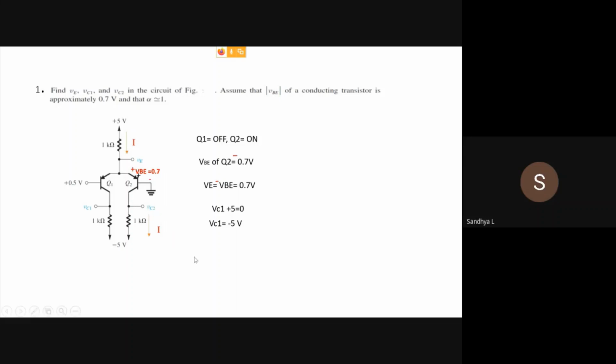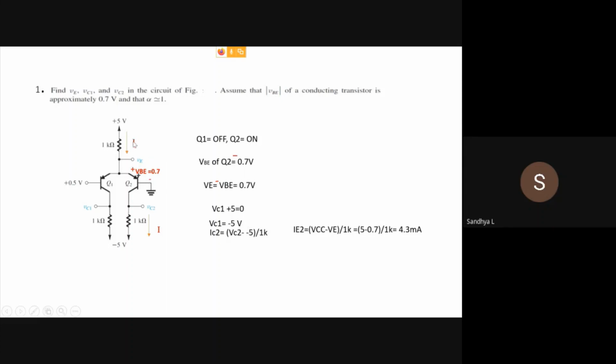VC2 minus 5 volt by the resistor value will be your IC2. IC2 or IE2 both are equal. So IE2 is also equal to this IC2.